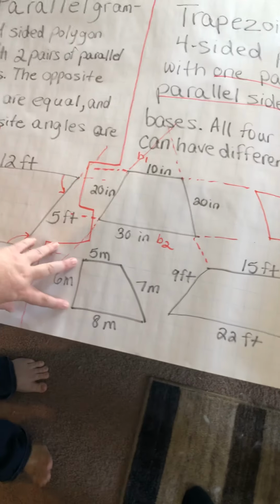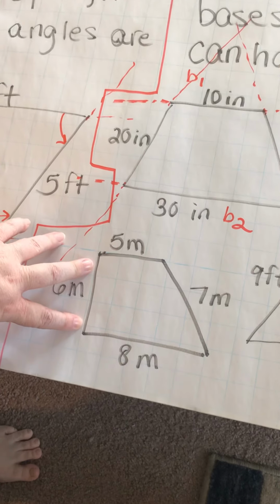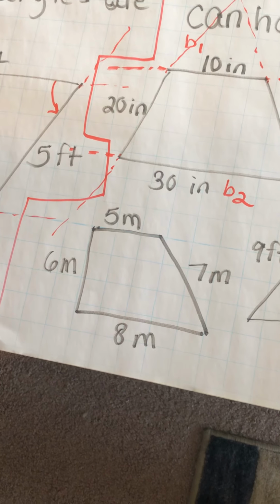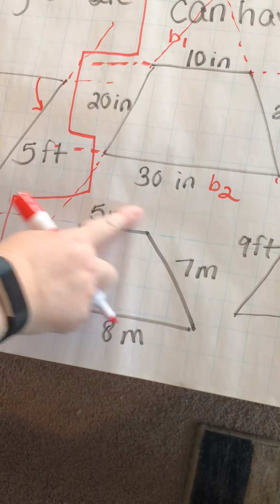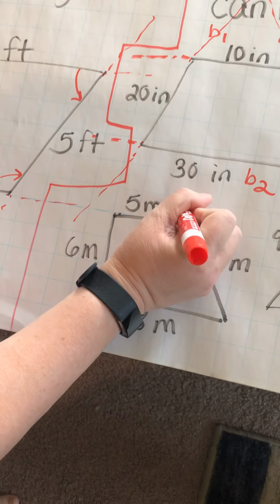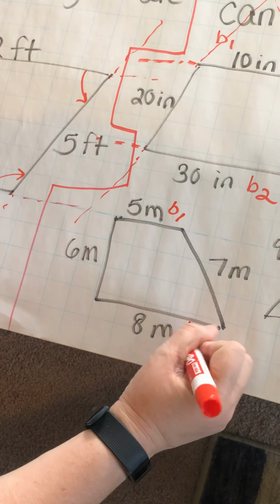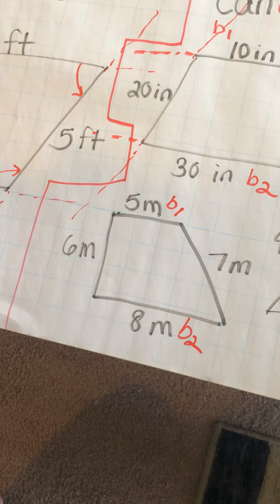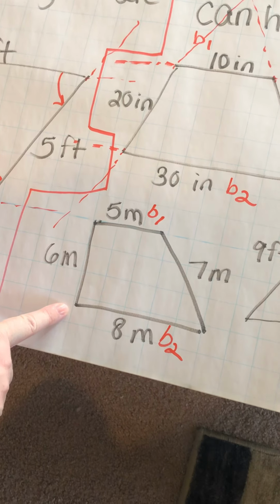Let's look at the second diagram here, okay? We have a trapezoid that is all different lengths, okay? But I'm still going to call this base 1, and I'm going to call this base 2, okay? And how many pairs of parallel sides can you find on this trapezoid?